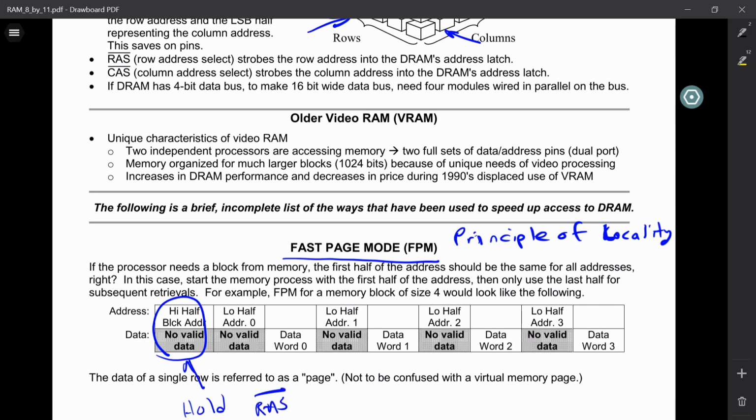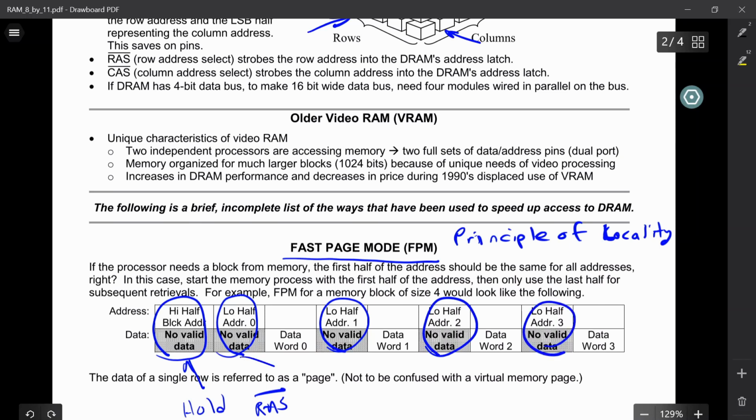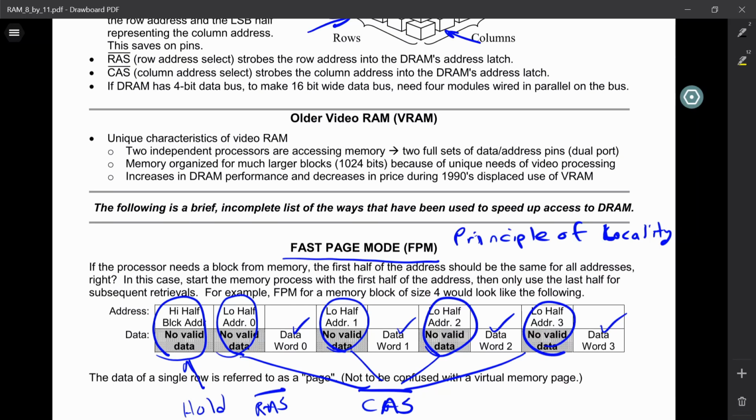I'm not going to update that. What I'm going to do is just keep giving you low addresses, the low half, that are accessed with CAS. And by doing that, I've got 1, 2, 3, 4 bits of data that I'm accessing.